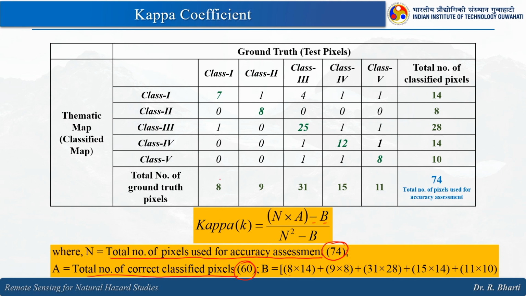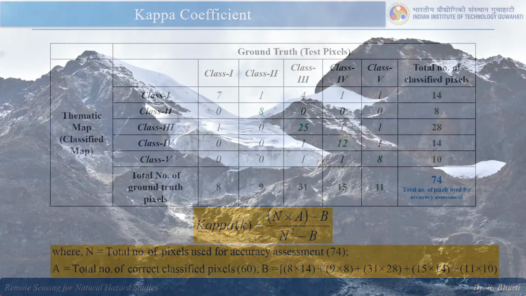So 8 multiplied by 14 plus 9 multiplied by 8 plus 31 multiplied by 28 plus 15 multiplied by 14 plus 11 multiplied by 10. That will give you b. Now you use these values here and then calculate the Kappa coefficient.